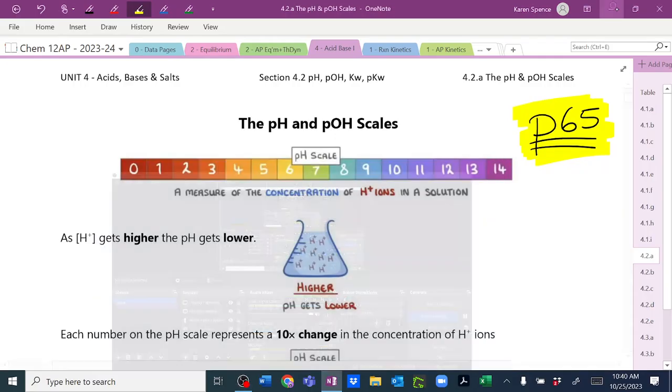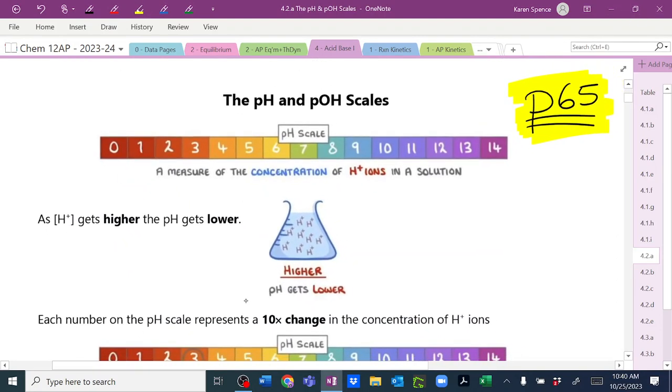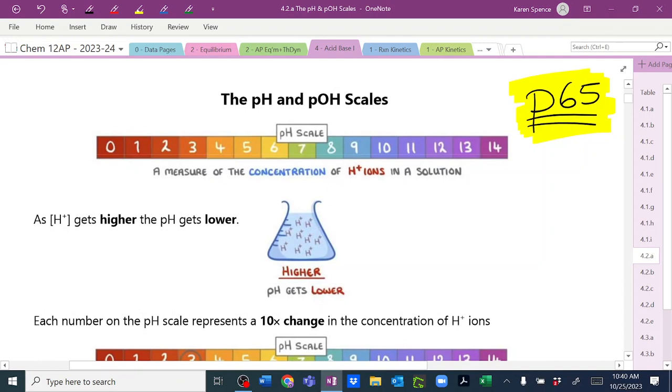Okay, small victories. All right, we are going to be looking at the pH and the pOH scales, because there is also something called pOH.